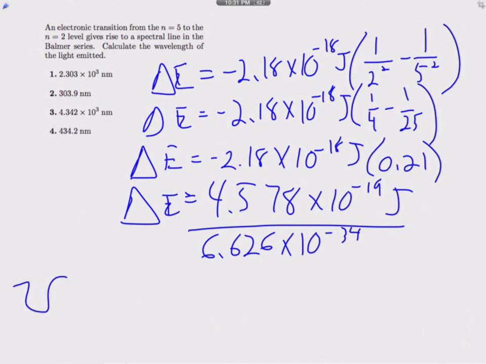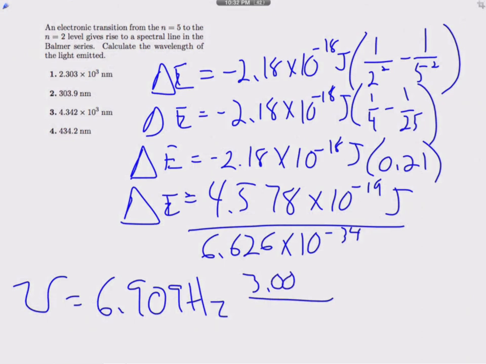That gives us a frequency of 6.909 times 10 to the 15th hertz. And then if we take 3.00 times 10 to the 8th divided by 6.909 times 10 to the 15th.